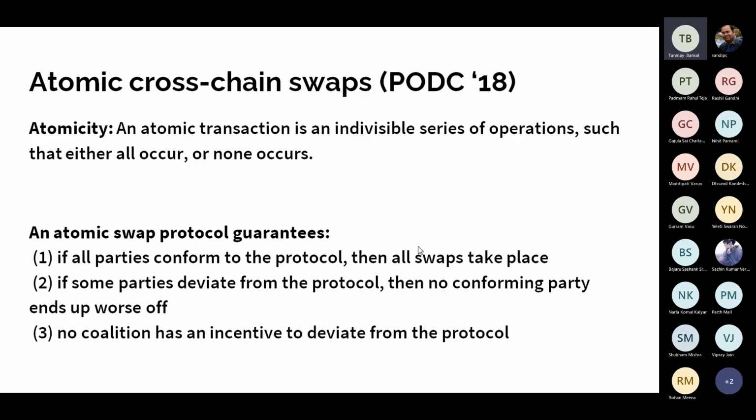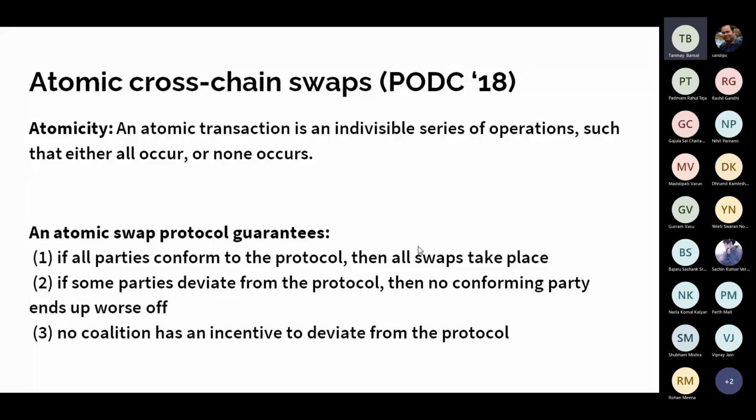Atomicity is defined in terms of an atomic transaction, which is an indivisible series of operations, such that either all occur or none occur. It is a very straightforward definition of atomicity. What it ensures is these cross-chain swaps, that is, swapping of assets. First we'll talk about swapping of cryptocurrencies, Bitcoin and Ethereum, but later we'll see swapping of other types of assets.